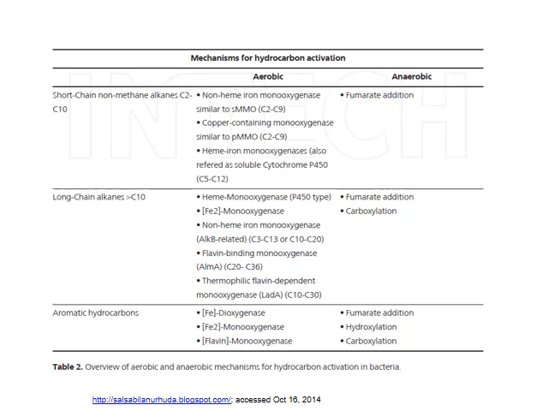And what we mean by that is actually use them in metabolic processes. So, for example, there are microbes that are able to take short-chain non-methane alkanes and use them as substrates during metabolism.